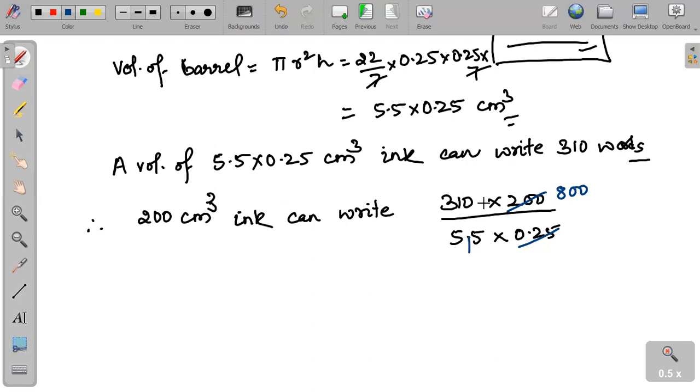Remove the decimal, it gets multiplied by 10, cancel by 5, this is going to be 11, this is going to be 2.